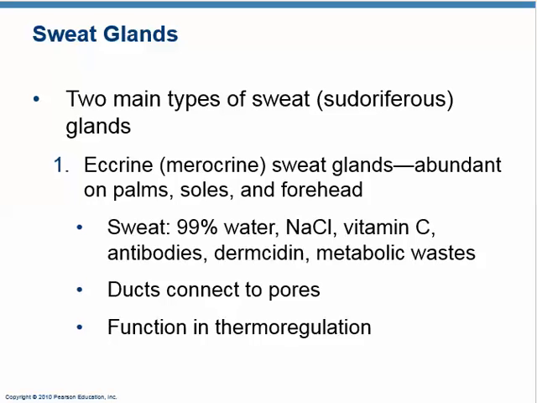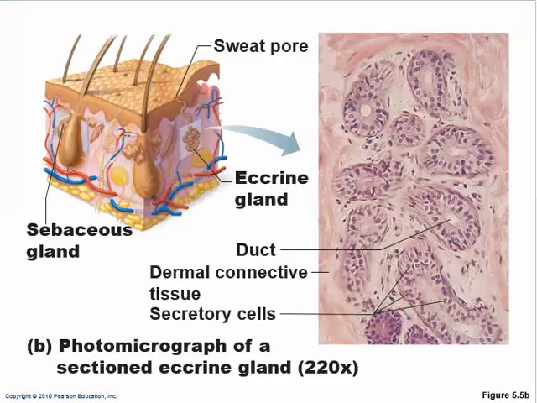It's mostly used for thermoregulation. You use it to evaporate off your skin and cool yourself. It's also the nervous sweat for a lot of people, and like I say, it has its own pores.